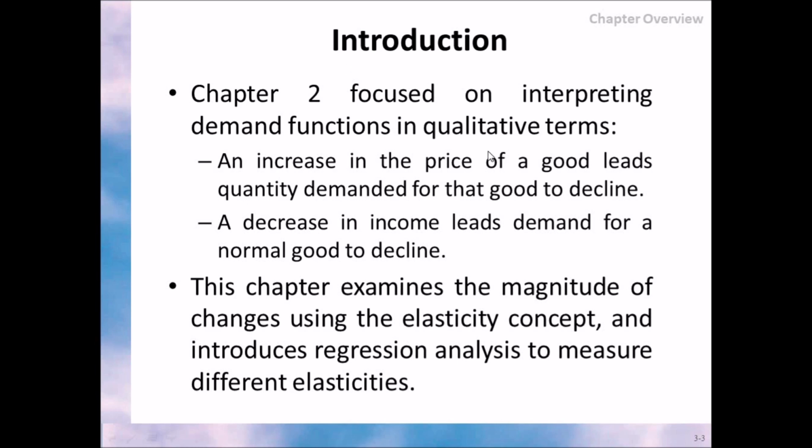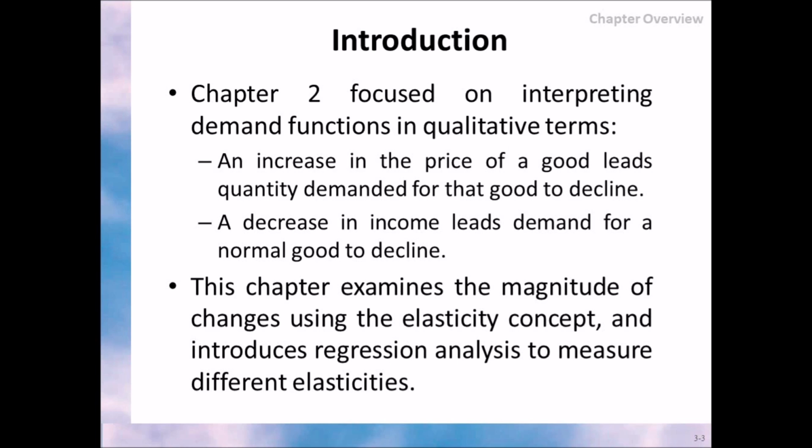What we have learned is only in qualitative terms, meaning we just learn on the law of demand. For example, it says when the price increases, the demand for that good will fall. And if, for example, factors like income decreases, and if the good is a normal good, then the demand for that good will fall as well.